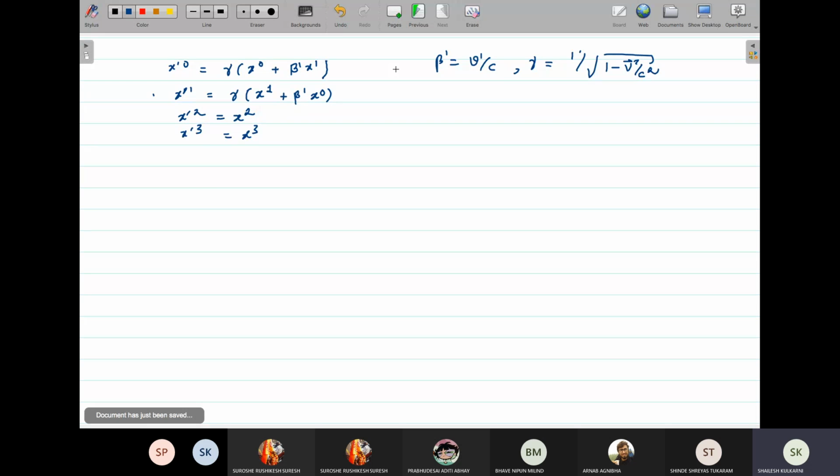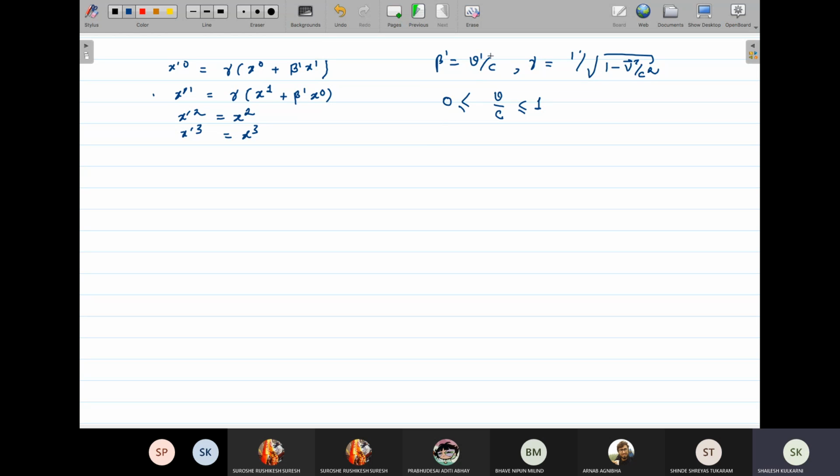But first of all, notice that gamma is 1 over square root of 1 minus v square over c square, and beta is v by c. So this v by c is restricted from 0 to 1 basically.